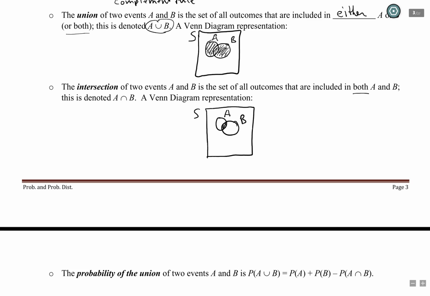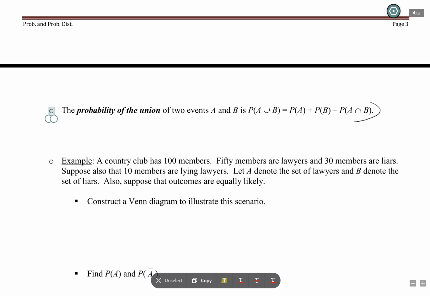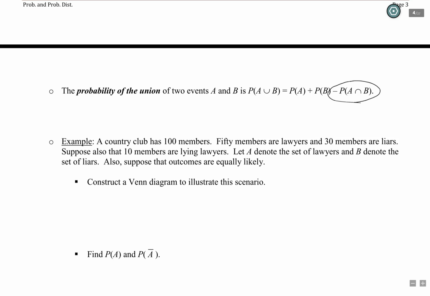And that's what this formula does here. It subtracts off the intersection once to contend with that double counting. And this rule right here, just to give it a name, is typically called the addition rule. Okay.